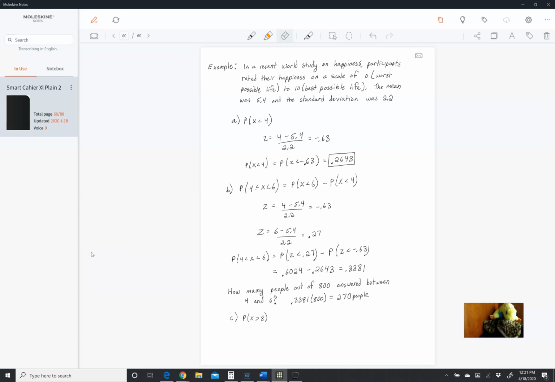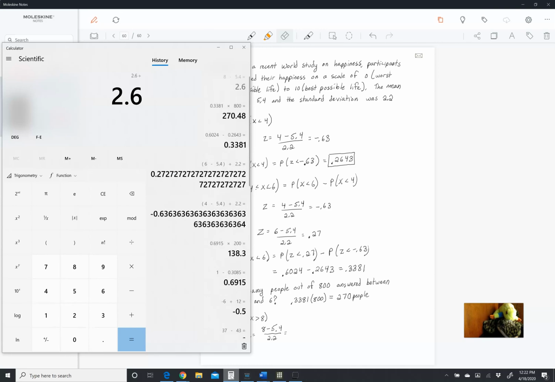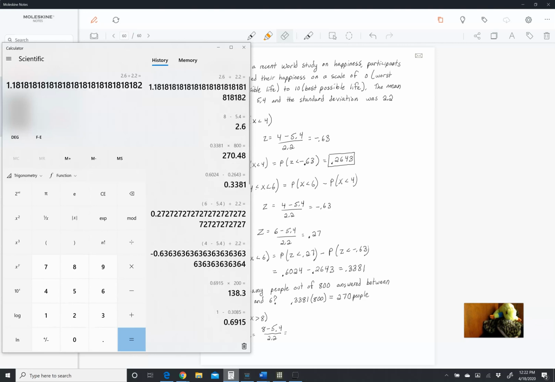Okay, so we need to find the z-score. 8 minus 5.4 over 2.2. Notice when I don't do the parentheses, I do it in two separate calculations. And we get 1.18.